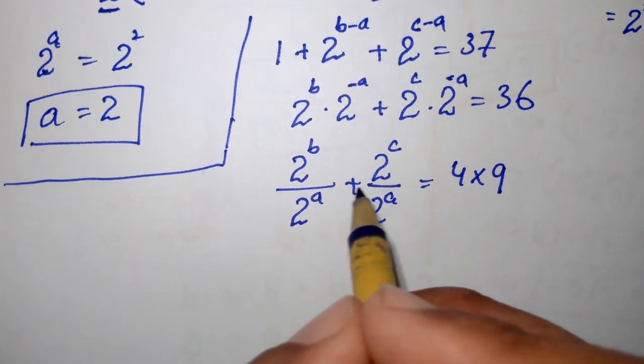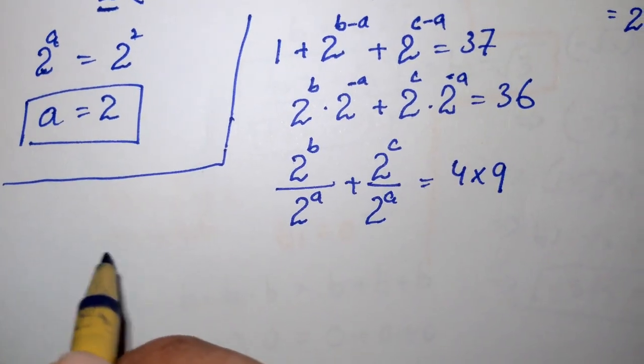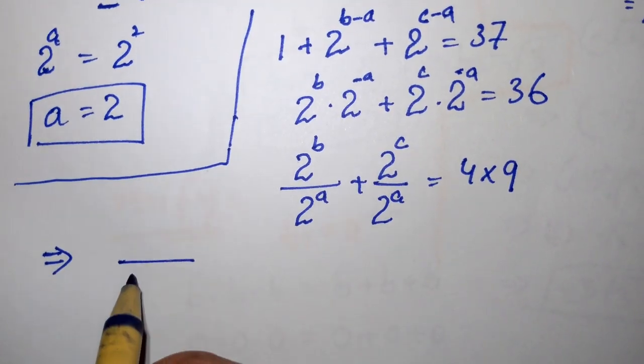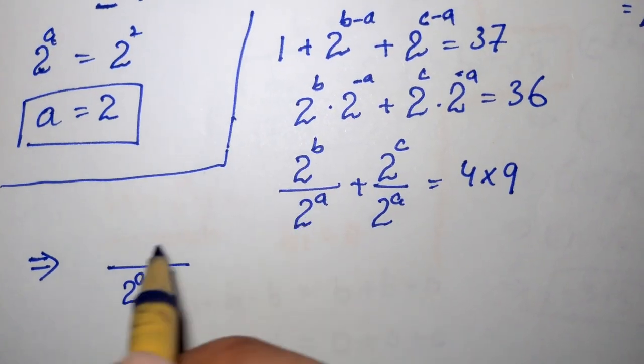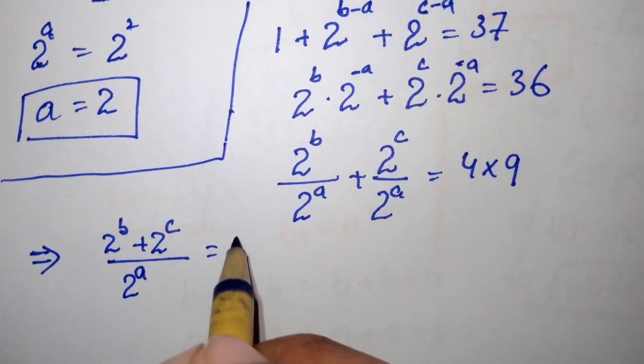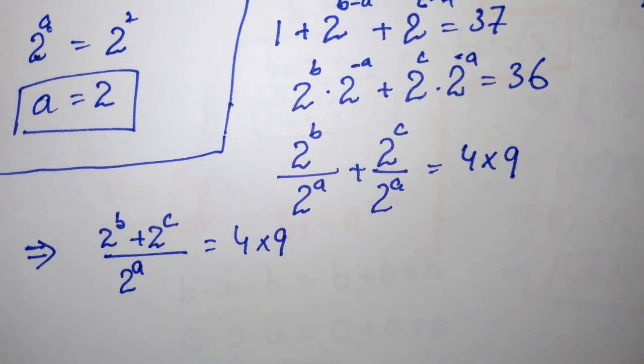Now we have to add these fractions. We take 2 to the power of a as the LCM, and this will become 2 to the power of b plus 2 to the power of c over 2 to the power of a is equal to 4 multiply 9.